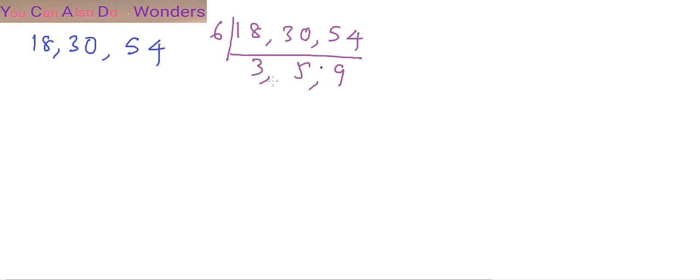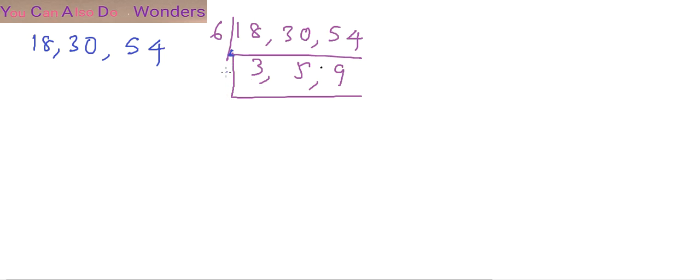Now by what number can you divide? Is there any number by which you can divide all these three numbers? No, isn't it? So in that case, we need to divide by only prime numbers. If we are able to divide all the given numbers by a composite number, it's fine, we can divide by a composite number. But if all the given numbers are not divisible by any number, then we must divide only by prime numbers.